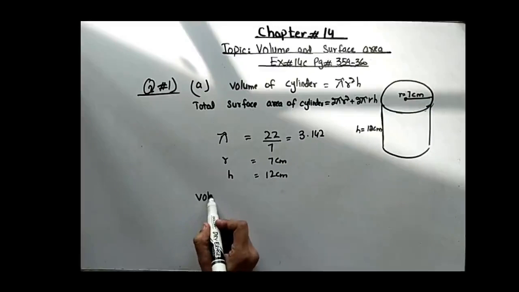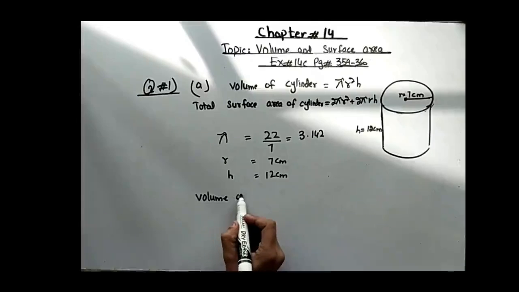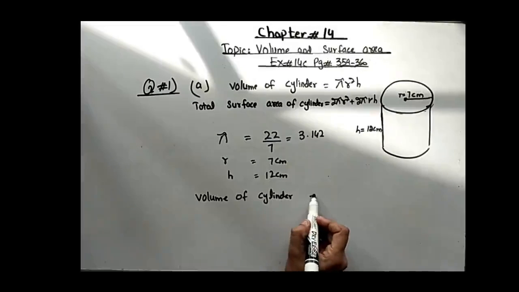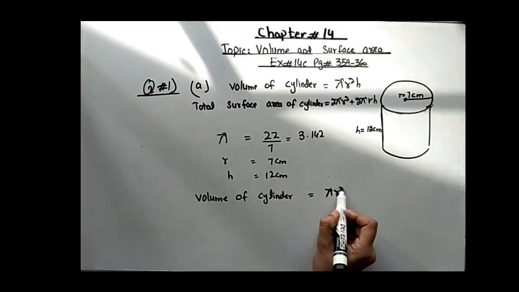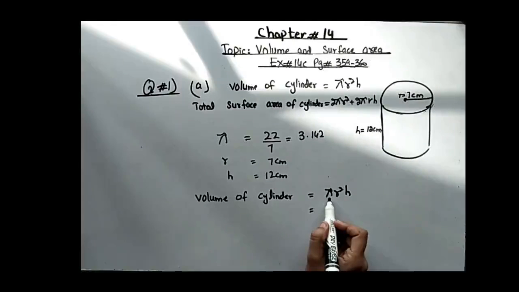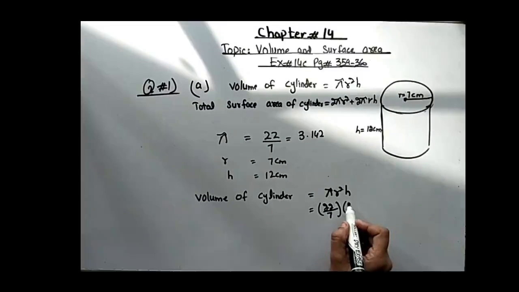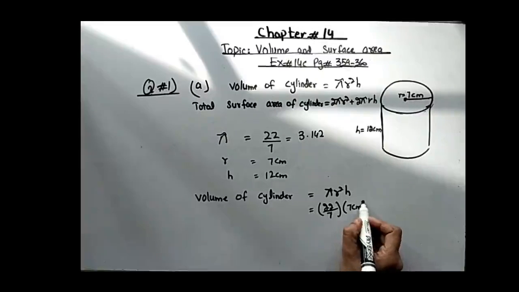Yes, volume of cylinder is equal to pi r square h. Put the value of pi, r and h. Pi is equal to 22 by 7 and r is equal to 7 centimeter.